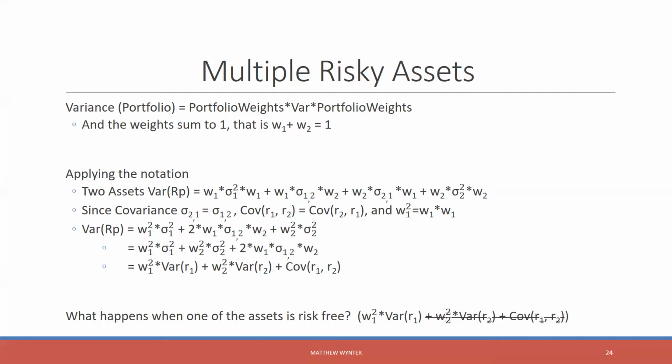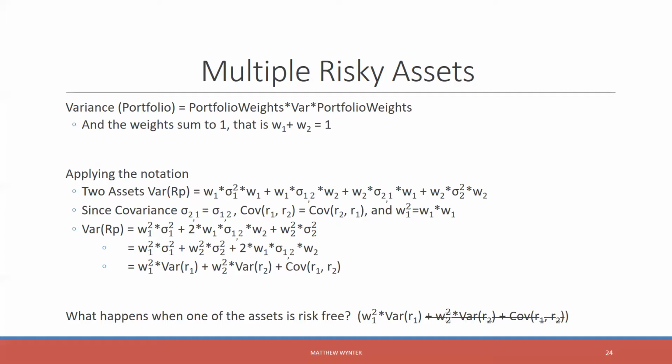Quite a mouthful. A few things. First, the covariance of asset 2 and 1 is the same as the covariance of asset 1 and asset 2, meaning they're the same thing. So that's going to help to reduce some of the complexity. Also, we know that if we've got the weights multiplied by themselves, so weight 1 times weight 1, that's just weight 1 squared.